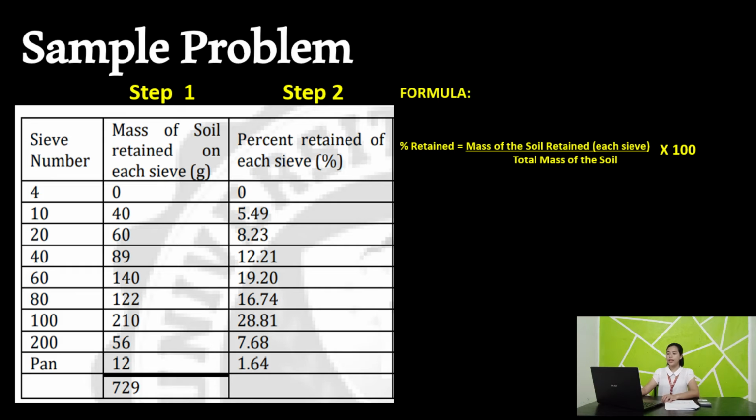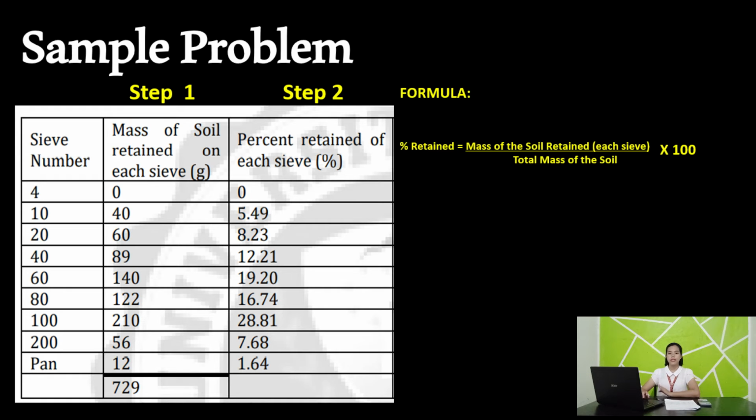Step 1 is to weigh the sample in each sieve to get the total mass. In that table, step 1 is the mass of the soil retained on each sieve. So if you notice, sieve number 4, 0. Sieve number 10, 40. Its mass is in grams. And so on and so forth.